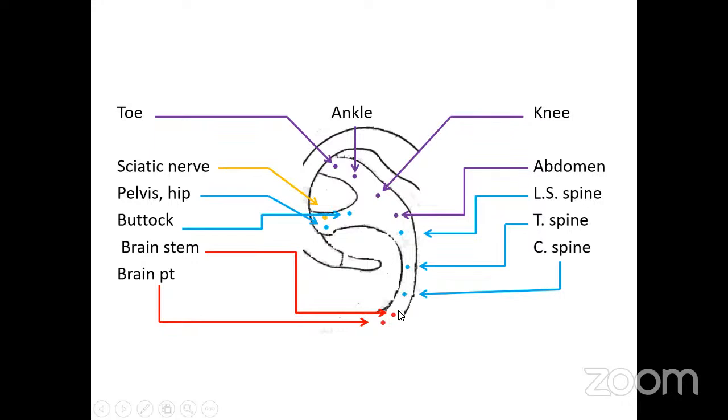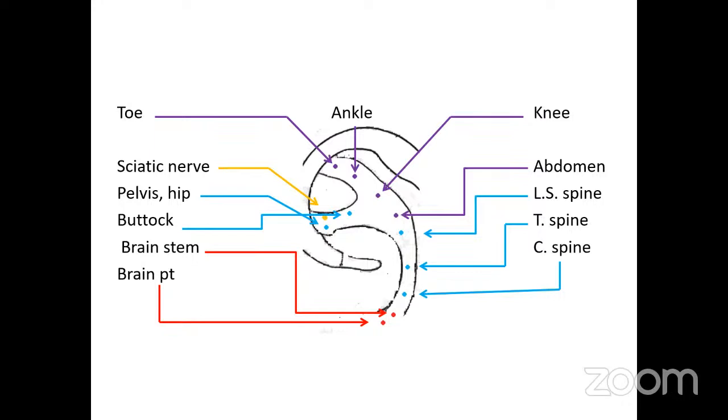And below the cervical spine, what should actually be here? Antitragus. The antitragus should be here. So the brain point and the brain stem go on the inner surface of the antitragus, where the antitragus is meeting the antihelix.